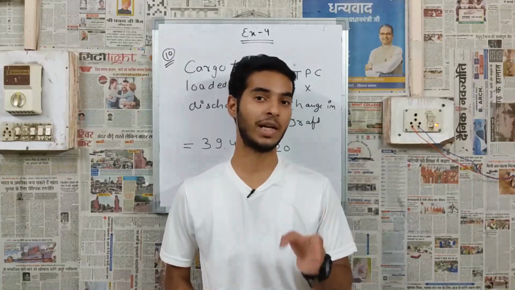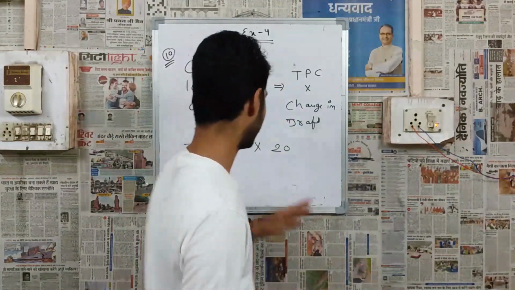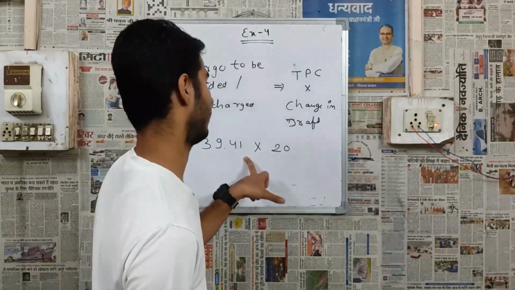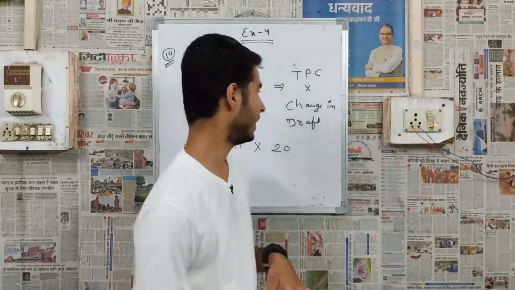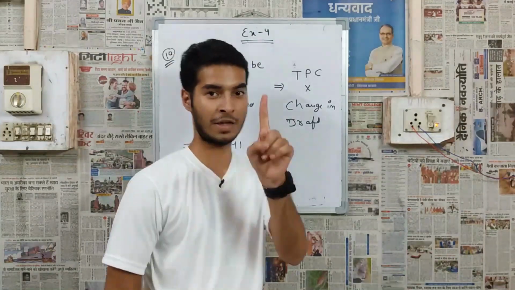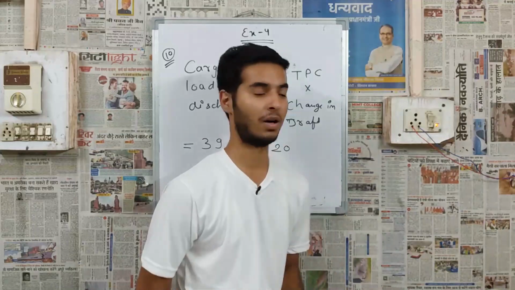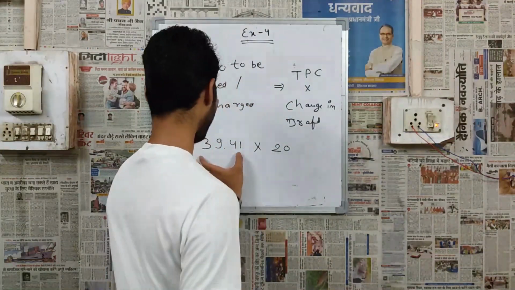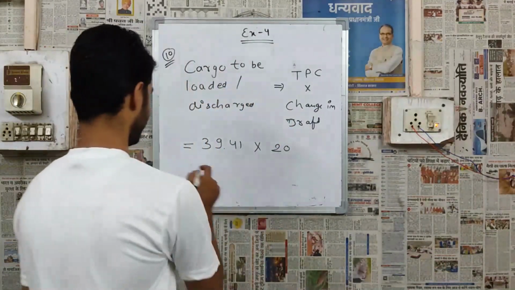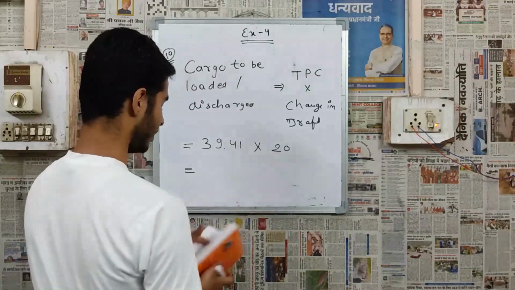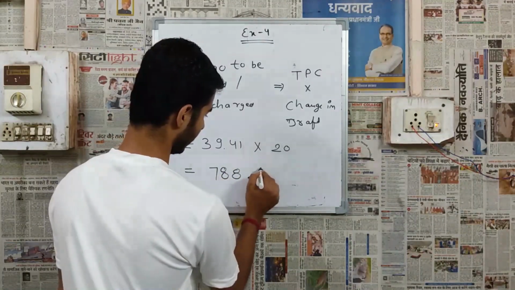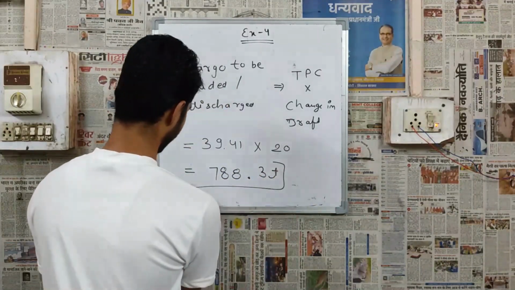I need 39.41 tons to sink the vessel by 1 centimeter in that density of water. So I have 39.41 as TPC and I have 20 centimeters. When I multiply this TPC with the change in draft, my answer is 788.3 tons. This is the answer.